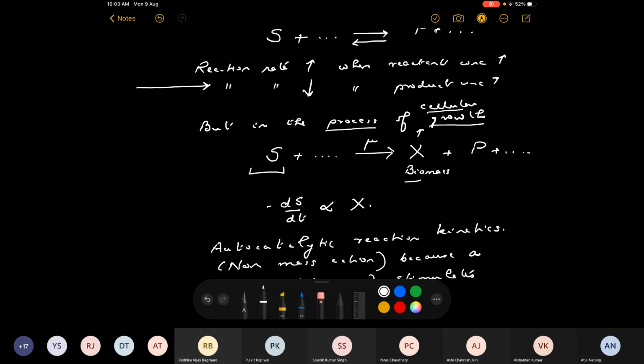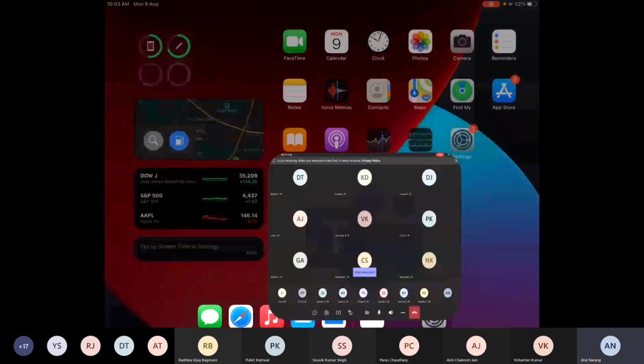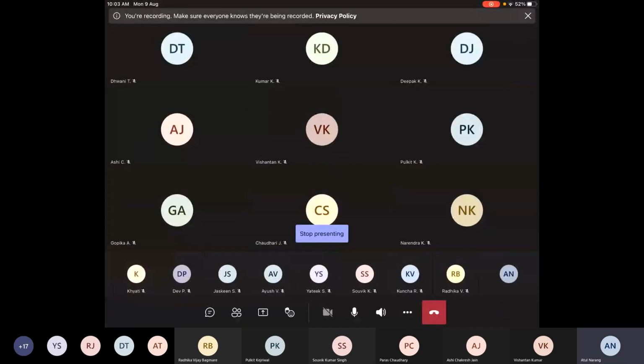So I'll give you an example. Did you cover in chemical reaction engineering which reactor is best for doing a reaction? Is it batch reactor or plug flow or CSTR? Was that covered in your course? Yes, sir. And what was the answer? What is the best reactor?